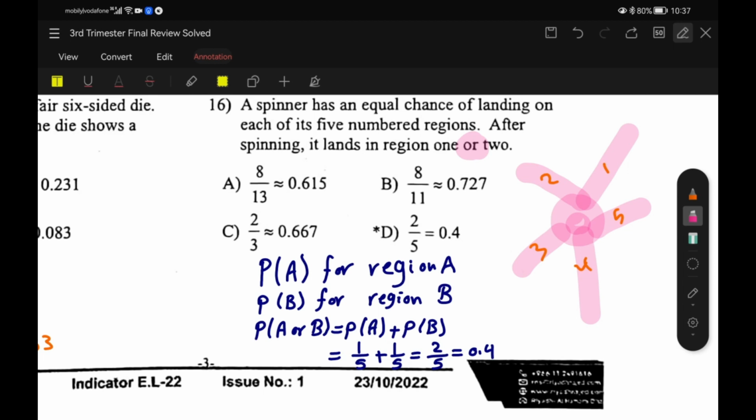The probability of getting region A equals 1 over 5, plus getting region B equals 1 over 5 also. So 1 over 5 plus 1 over 5 equals 2/5, equals 0.4.